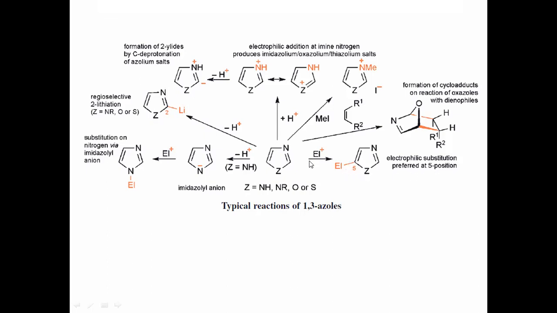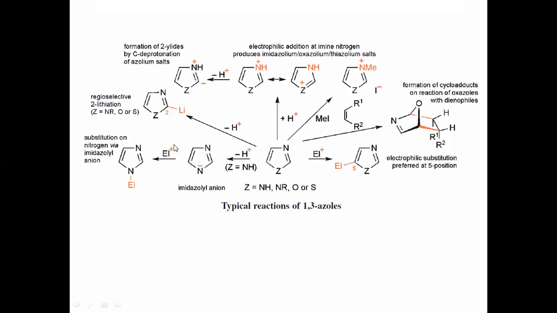So remember, whenever we have an electrophile and any 1,3-azole, the reaction will go at the fifth position, because out of these three carbons, only this is the preferable position. Next point. If your aim is to remove the proton from this, and this is NH, suppose, the proton will be removed from the nitrogen, and this will form the imidazole anion.